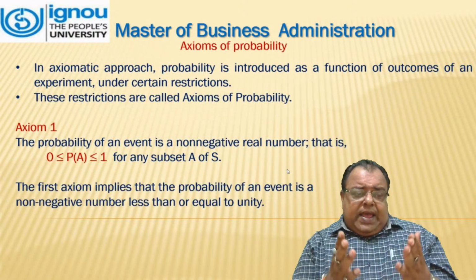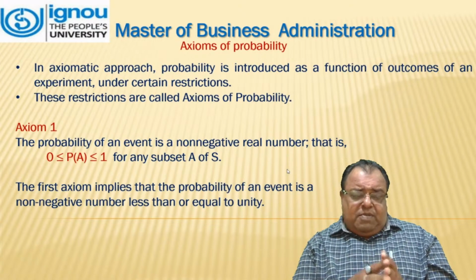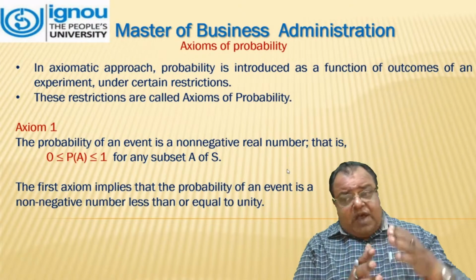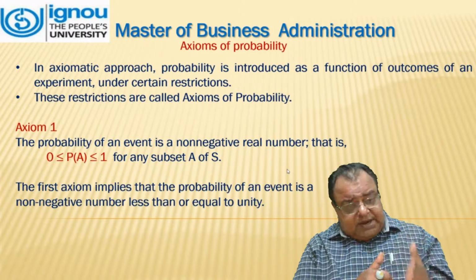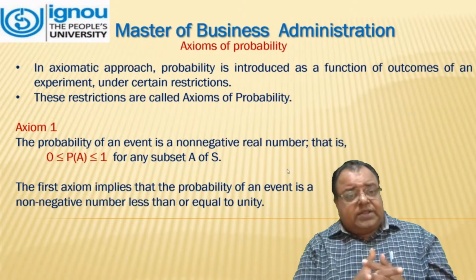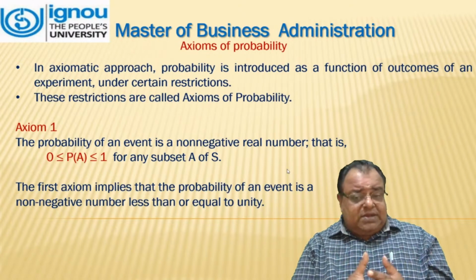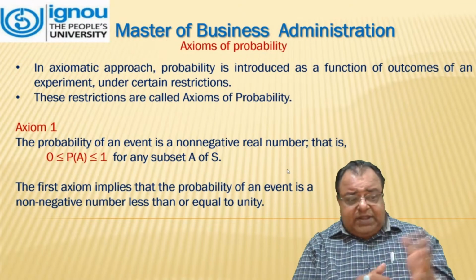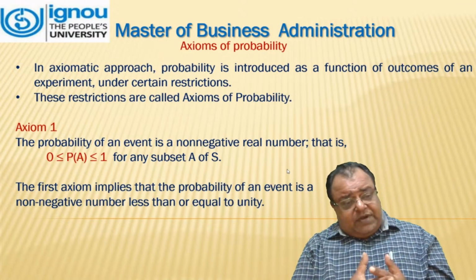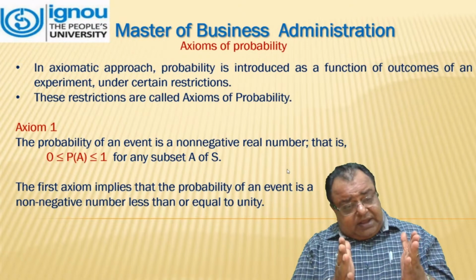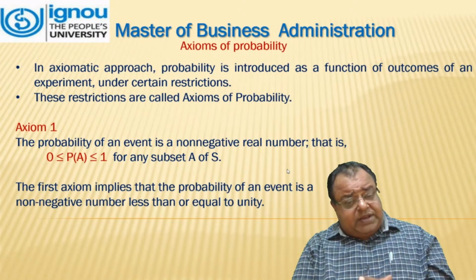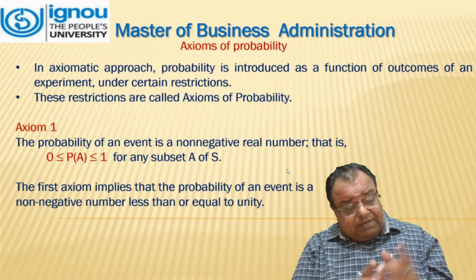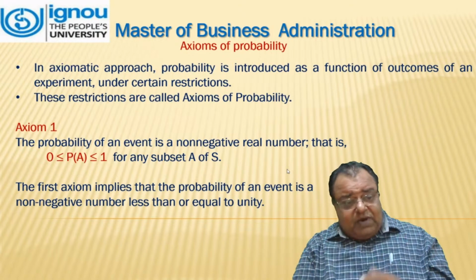In the axiomatic approach, probability is introduced as a function of outcomes of an experiment under certain restrictions. These restrictions are called axioms of probability. We have seen that axiom one is that the probability of an event is a non-negative real number, that means it will be between 0 and 1.